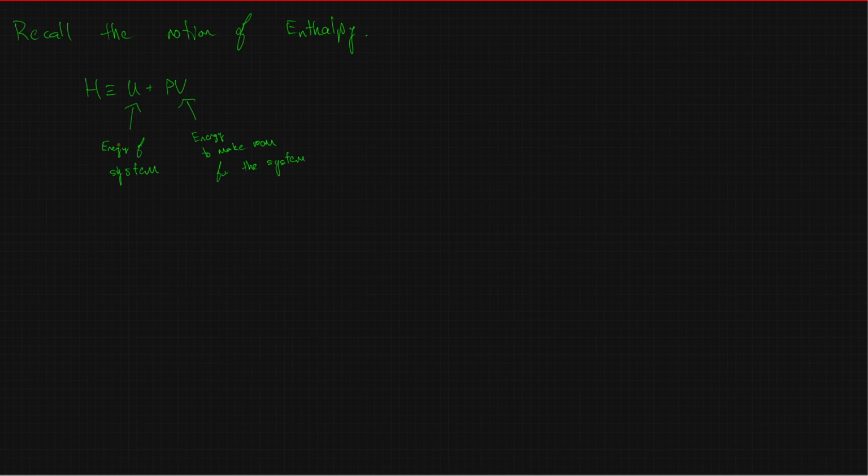But if you're in some kind of environment and there's already stuff there, you need to move this stuff out of the way. So you can add this PV term to track that. And what it turns out is that if you have a constant pressure scenario, the P delta V terms will cancel. So you can just completely neglect that. It all gets taken into account in enthalpy.